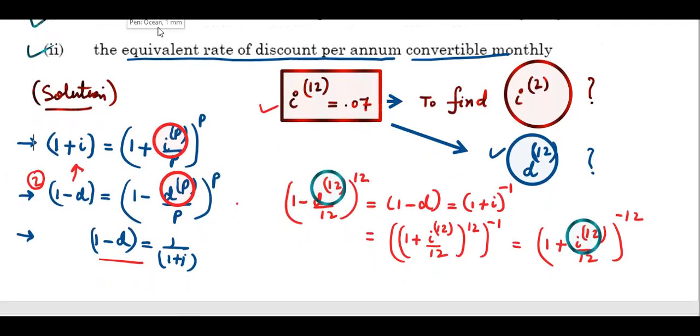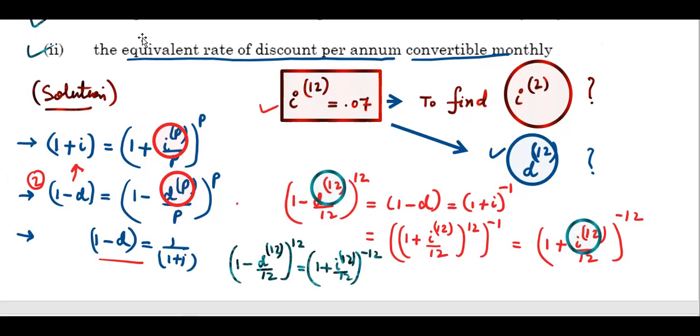We'll write only (1 - D12/12)^12 here. Even if you see, you can cancel also the power 12 because they are the same. Then you put the value of I12 and finally get D12. That's what you need.